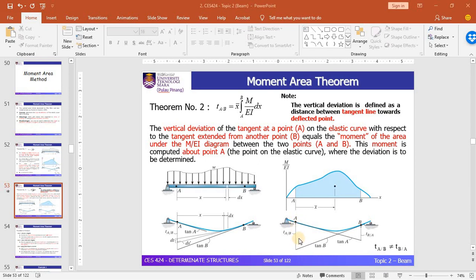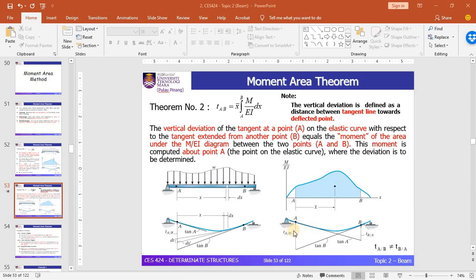When you want to draw the vertical deviation, you need to ensure that it is drawn from the tangent line towards the deflected point. So this is very crucial. This definition is very important so that you can draw the correct vertical deviation for the specific point.